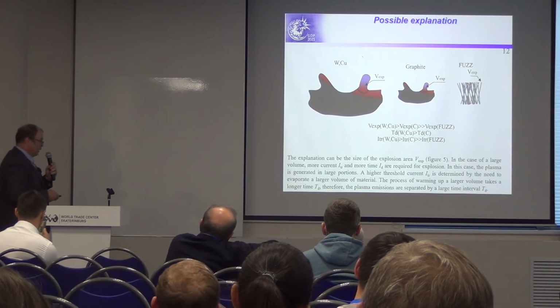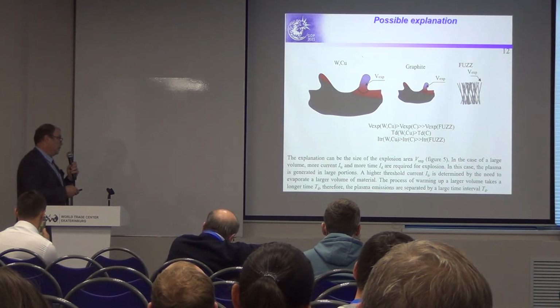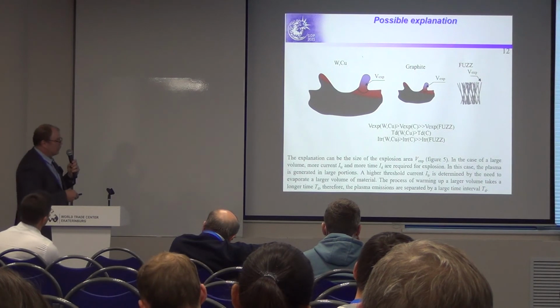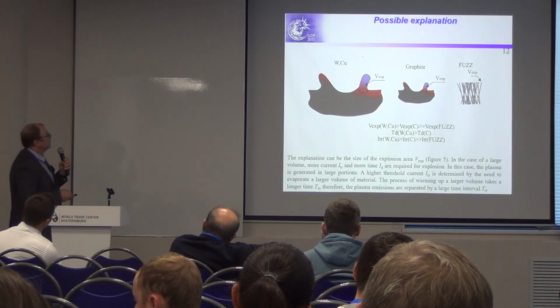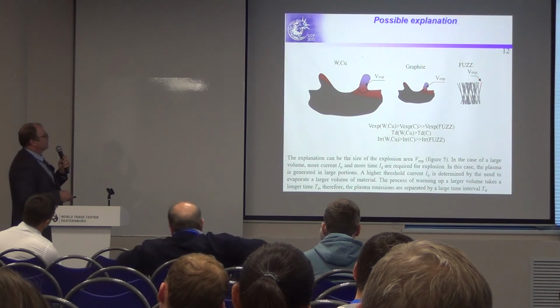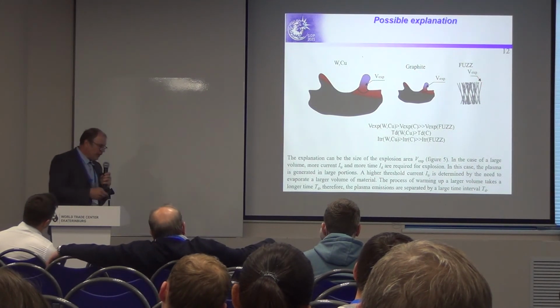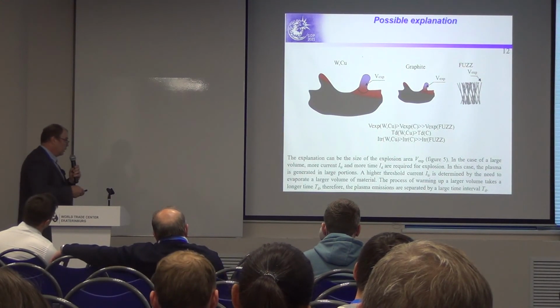So we can get on normal metals noticeable threshold currents, and on the graphite cathode, some special cathodes, we have very small threshold currents, and on nano-coated cathodes, the threshold currents can be practically absent.